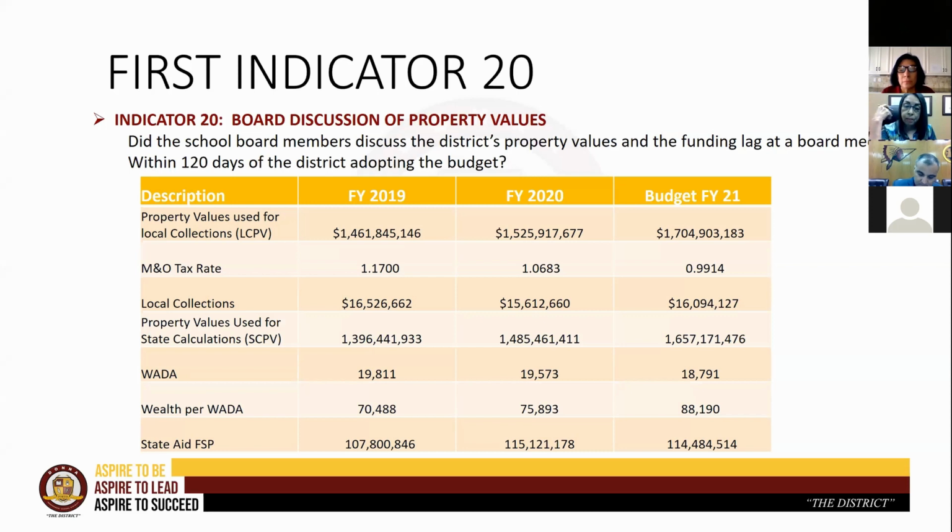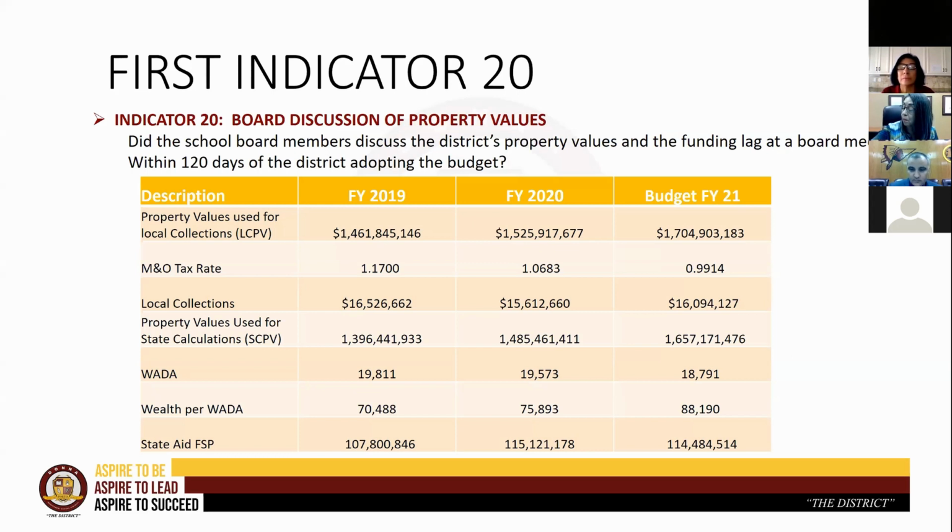Local collections, you see there for fiscal year 2019, 16.5 million. Fiscal year 20 is 15.6 million. And for fiscal year 21 is $16 million. You see that even though our tax rate is decreasing, you still see an increase on the collections, or what we're projecting to collect, and that is due to the increase in the property values.